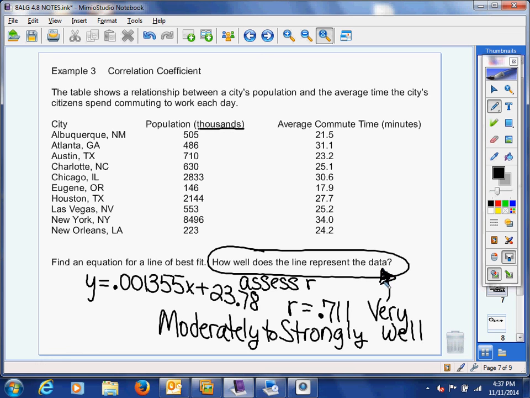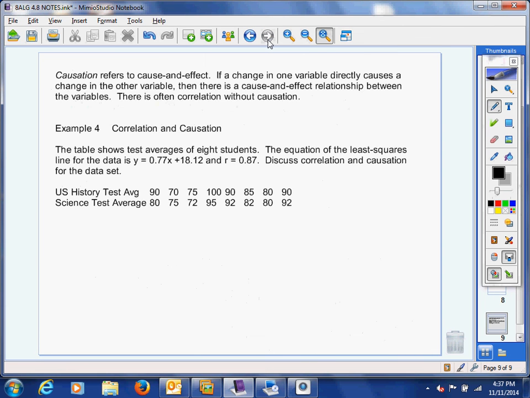So very well. So I wanted to give you a couple ways to assess that R. We know it's moderately to strongly, and I forgot to put positive. It is a positive number. It's close to +1. And in fact, if I graph this data, it should be clustered leaning right. So that's definitely true.